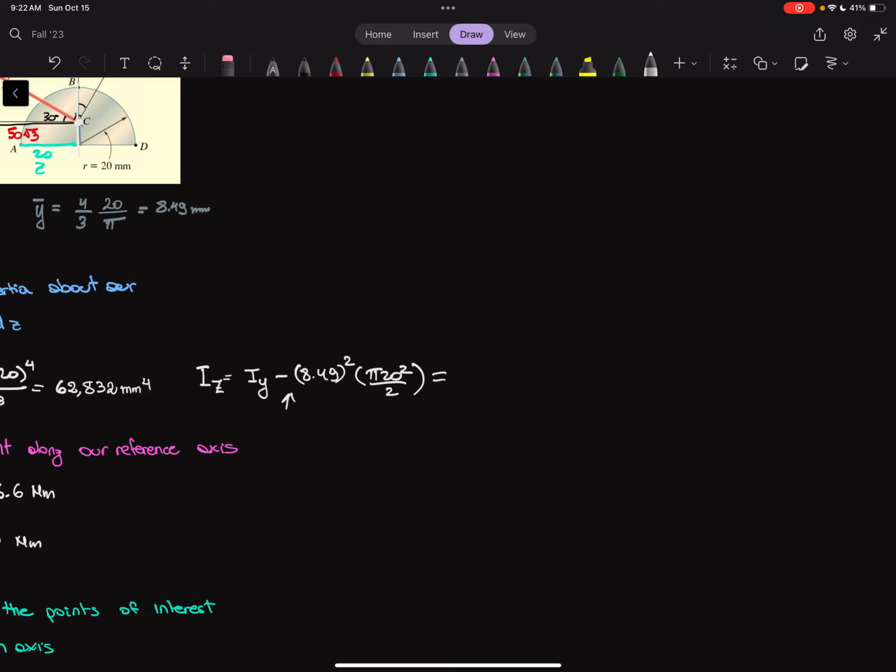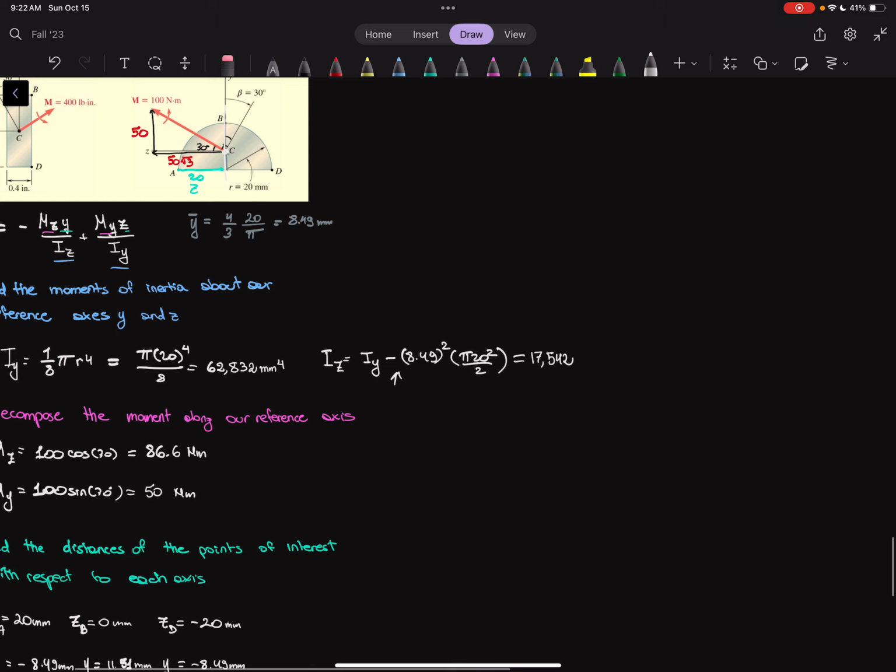So we're going to do 62832 minus 8.49 squared times pi times 20 squared divided by 2. And that's going to give us 17,542 millimeters to the fourth.